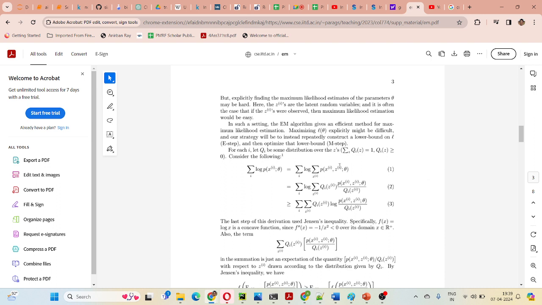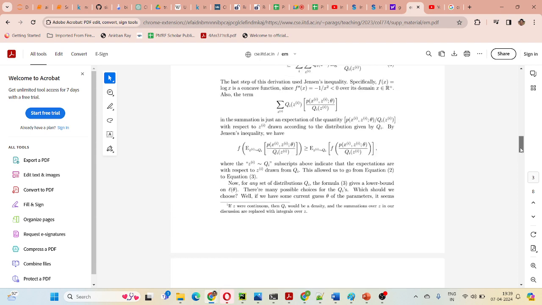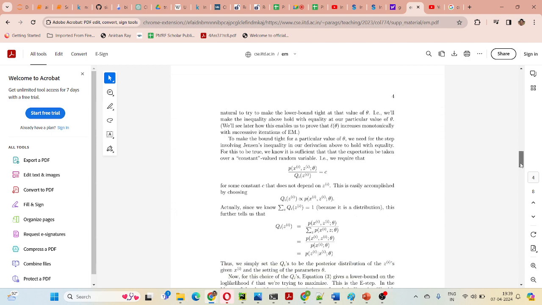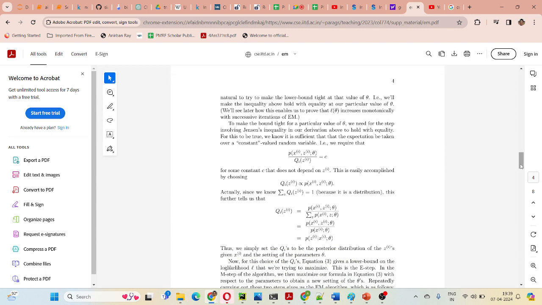So this is the mixture model distribution we had, and they have considered another q distribution and made it like this, and taking the logarithms we get it like this. Then Jensen's inequality, but not going into depth here.